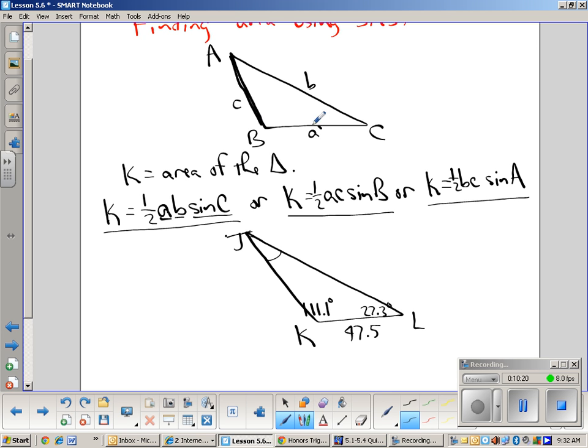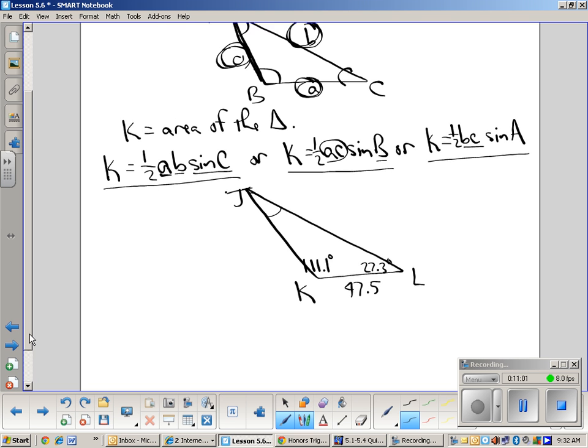And so if I have A and B, then the angle between them is C. If I'm using A and C, then the angle between them is B. And if I'm using B and C, then the angle between them is A. So even though I've written it 3 times, it's really only one rule, which says the area of a non-right triangle is equal to half the product of 2 sides times the sine of the angle included, meaning the angle between those 2 sides. Okay?